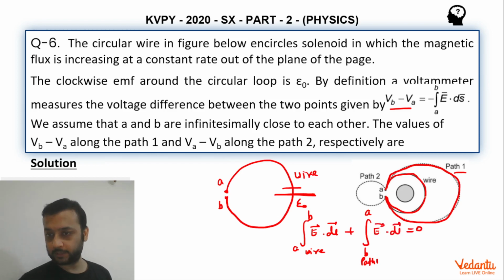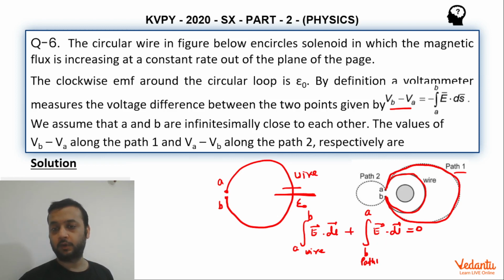So from A to B along the wire and B to A along path 1, this total should be 0. Now this value has already been given to us as epsilon naught, right? So we can say that this other value will become minus epsilon naught. You can take this on the LHS side.